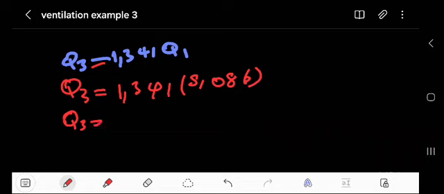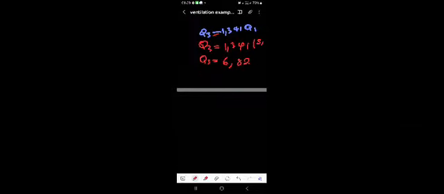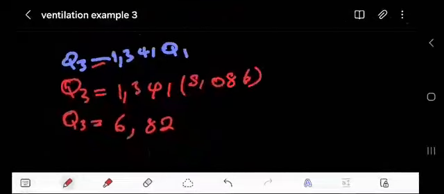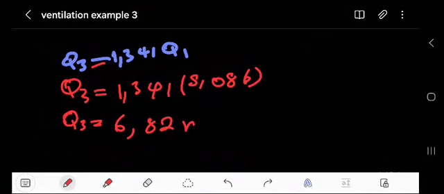Multiply that by 1.341 times 5.086. This will be 6.82 cubic meters per second.